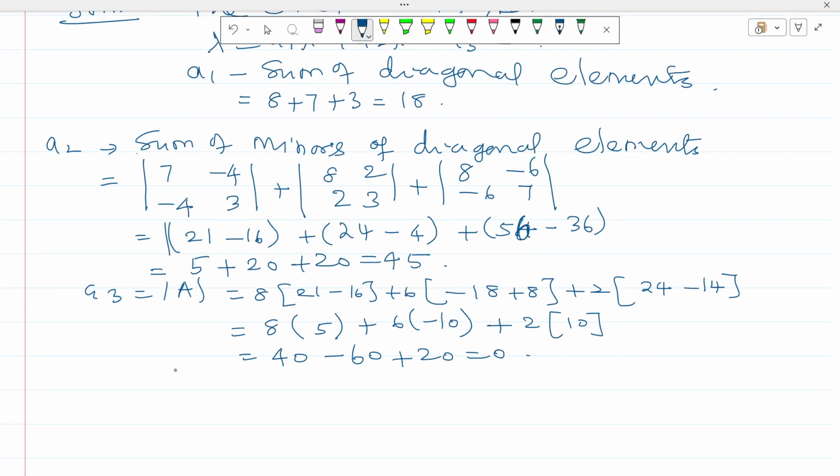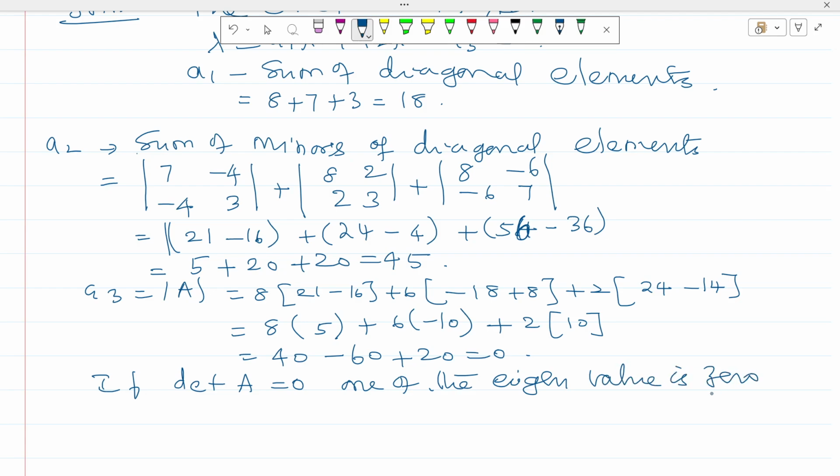See, we know that if the determinant of A is 0, one of the eigenvalues is sure to be 0. We can check it. So what is the characteristic equation?